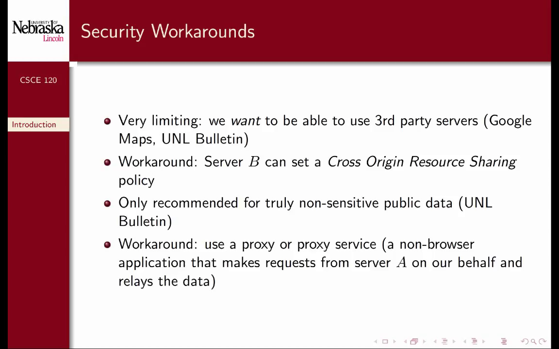Another workaround is to use a proxy or proxy service. That is, a non-browser application that does not have the same origin policy. It can make a request from server A on our behalf and then relay the data back to us. We can choose to set a cross-origin resource sharing policy ourselves, or design our script and server such that the request is being made to the same origin.